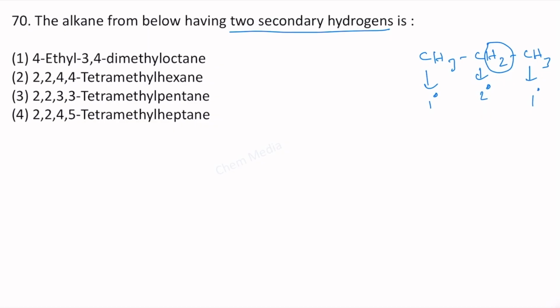So, let us just write down the structures and then see how many secondary carbon atoms are there in the first place, then we have to multiply by 2. So, for 4-ethyl 2,4-dimethyl octane, let me write the structure in bond line notation so that it would be quick. Octane first: 1, 2, 3, 4, 5, 6, 7, 8, and then at 2 position 1 methyl group, 4 position 1 methyl group, and then 1 ethyl group at 4 position.